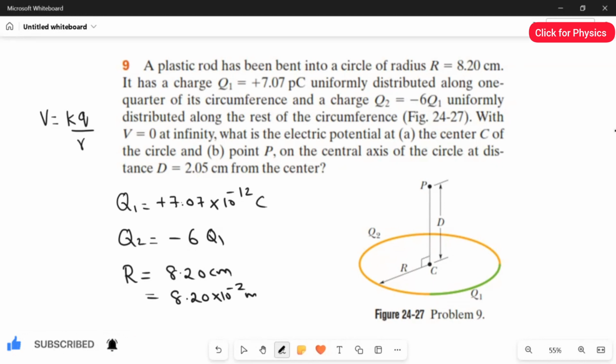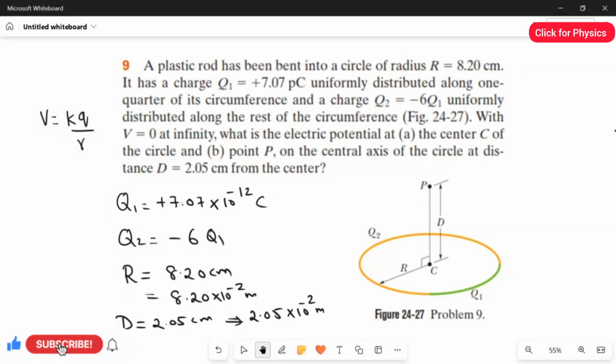And also in the second part, we have to find what should be the potential at point P, and for the distance from the center of the circle to point P, they gave the distance value d, which is equal to 2.05 centimeter, and you have to convert this to meter, which is 2.05 multiplied by 10 to the power minus 2 meter. Now we have to use this formula for these two charges.